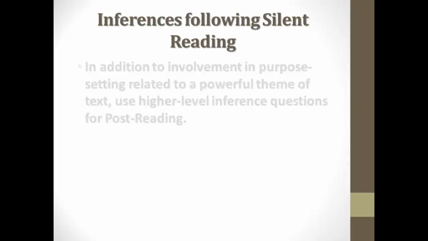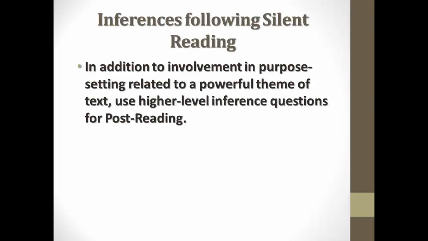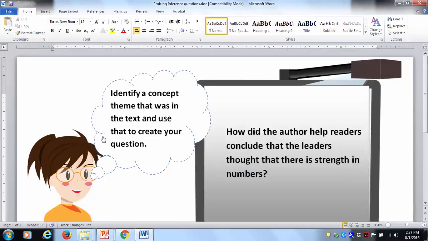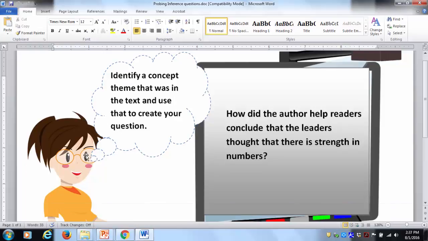So what do we do with instruction? Well, in addition to that purpose setting based on themes, we're going to suggest using higher level inference questions following post reading. So how do you design powerful inferences? This is what the teacher's saying to you, what she's learned to do.